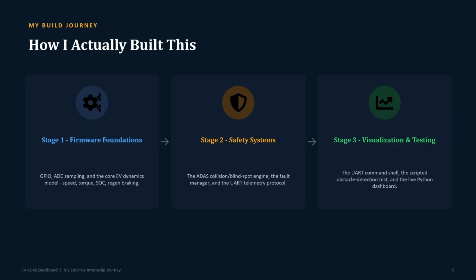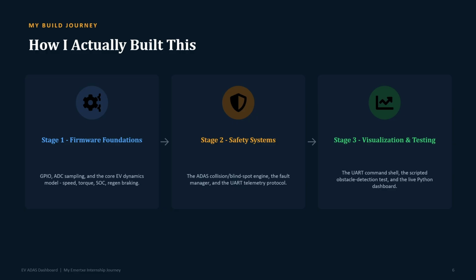Okay, I did not build this project all at once, but I developed it in three major stages. The first stage was building the firmware foundation, which includes the GPIO configuration, ADC interfacing, timers, and the EV dynamics module.